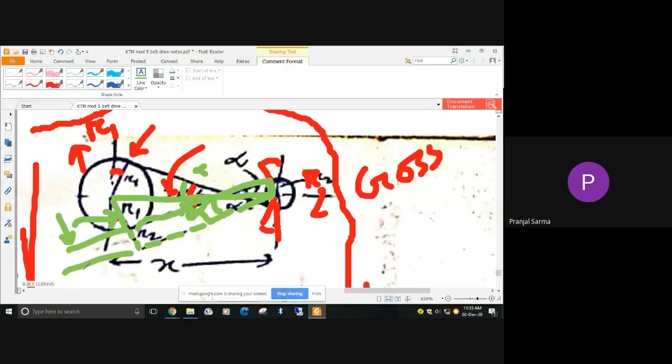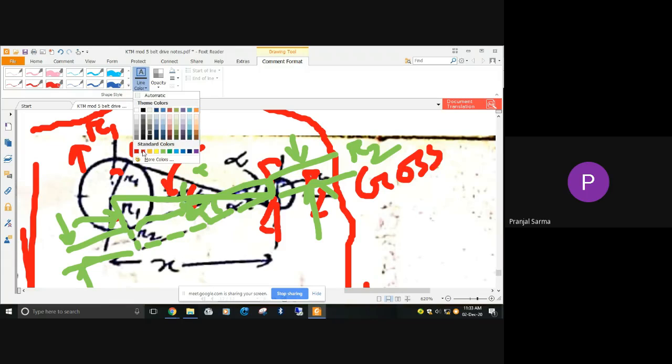This portion is the same as this portion, which is nothing but the radius of the smaller wheel, that is R2. Understood up to this first? So from here to here it is the radius of the bigger pulley R1, and from here to here, the line we are talking about, is R2.